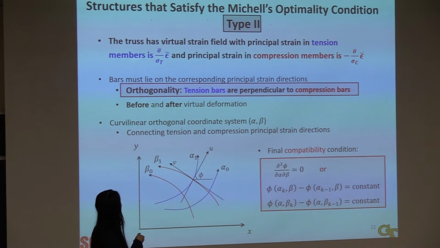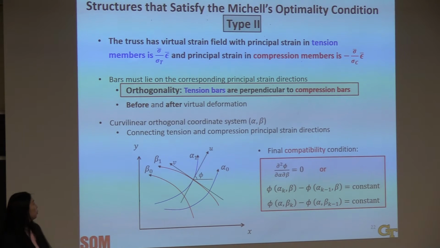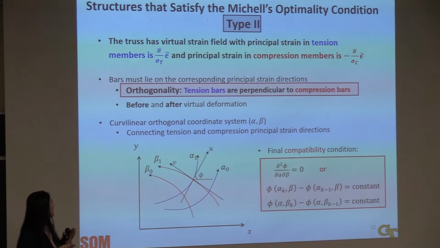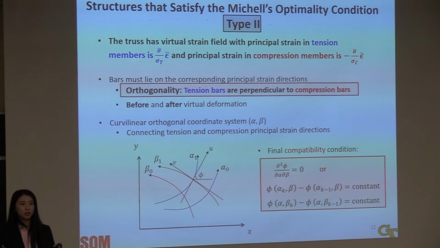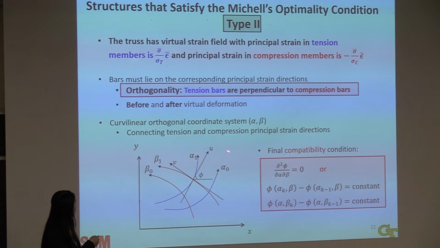So in order for the strain field to still be orthogonal after the virtual deformation, we need to satisfy this condition, which is the compatibility condition for a virtual strain field. What it really means is that if we connect the directions of the virtual strain field in two directions, one principal direction is this, and the other principal direction is this.